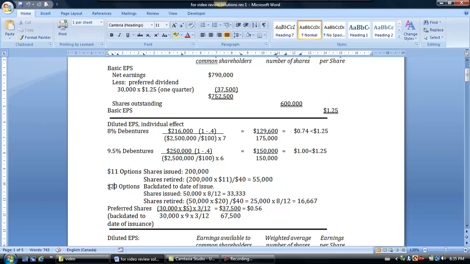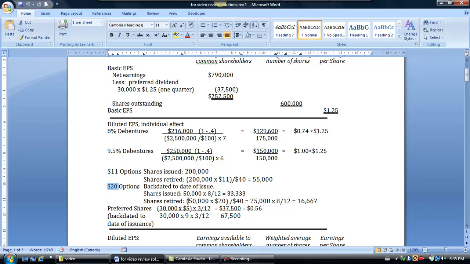And don't forget, if the exercise price was the lowest price, which in this case would be $20, we would have less money to go back into the marketplace and buy the shares back at $40. So that means we would have been able to retire or repurchase fewer shares, right? So it will always give us the most dilutive scenario, or the most new shares issued, if we look at the lowest option exercise price.